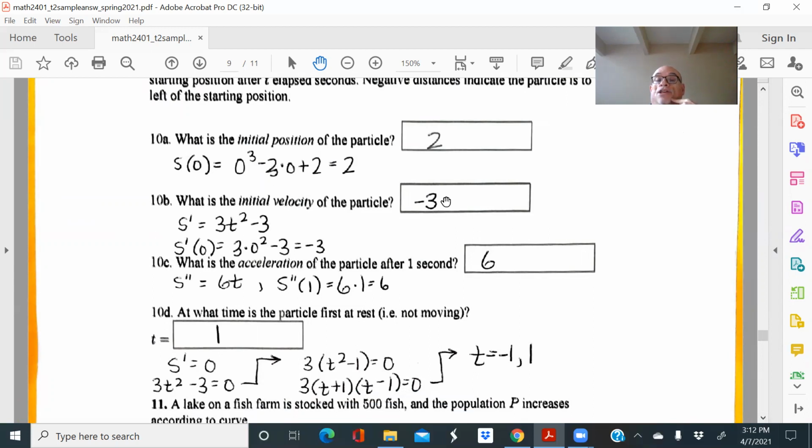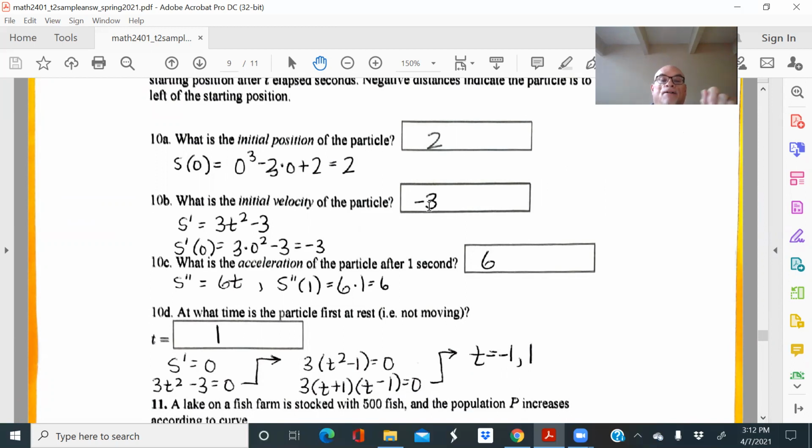So you get minus 3. Our initial velocity is minus 3. Don't be confused because that velocity is negative. That just means that the particle is moving in the negative direction, or in this case, to the left.